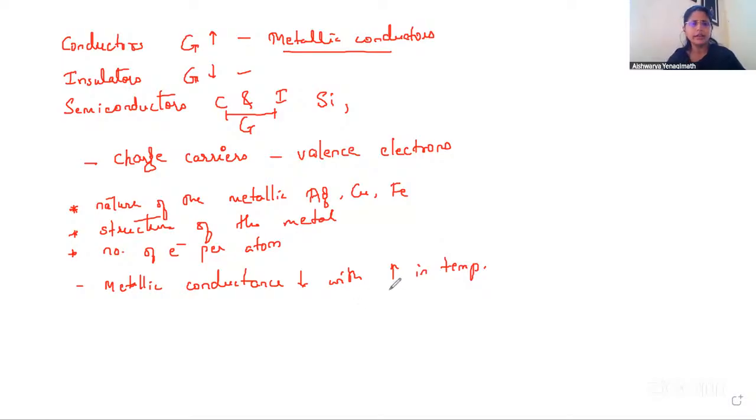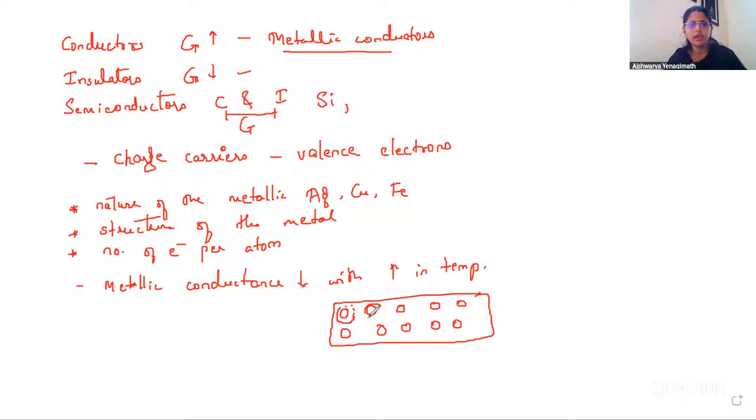Now why is it so? Let us try to understand. What is the condition inside the metal? The valence electrons inside the metal are moving. Let me say this is my metal piece. There are atoms, and the shells, the valence electrons in the outermost shell.